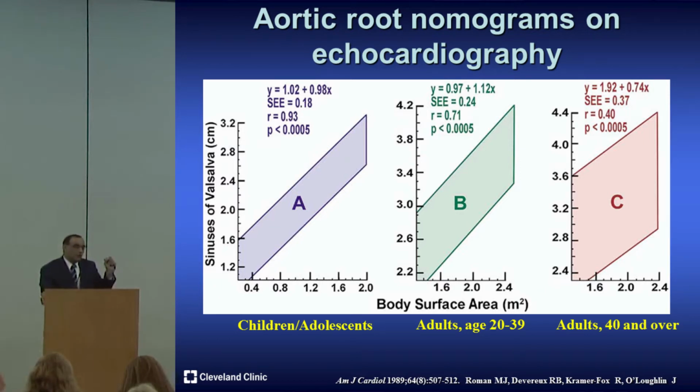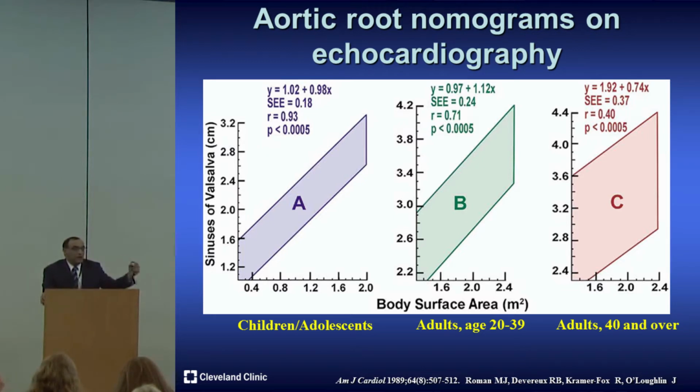I'm going to point out one thing where there are some flaws with this. I'm sure you guys have heard about body surface area. So you could be 5'2" and 150 pounds, and your body surface area is X. 2 years later, you could still be 5'2", and your weight is 210 pounds. Your body surface area becomes more.